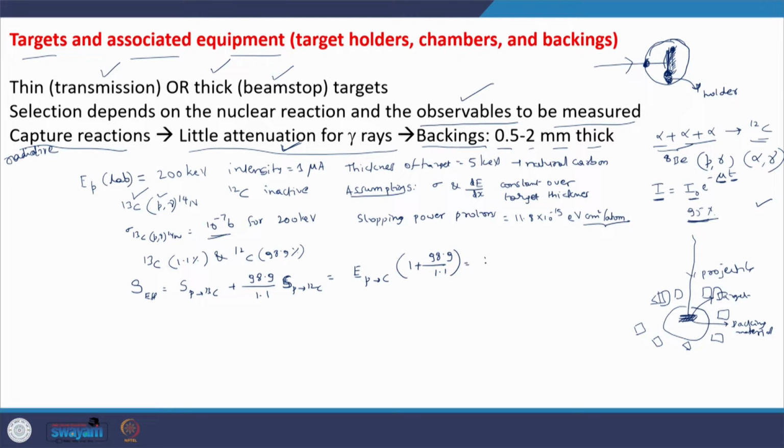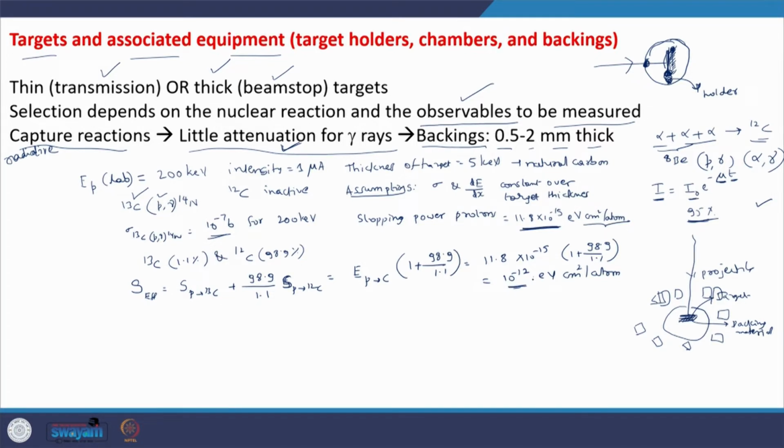So, this gives me 11.8, which is already given, the stopping power of protons, × 10^-15, × (1 + 98.9/1.1). If I calculate this, it will be about 10^-12 electron volt centimeter square per atom. Is there much difference? Yes, isn't it? 10^-15 is the stopping power of protons, but the effective stopping power is of the order of 10^-12.